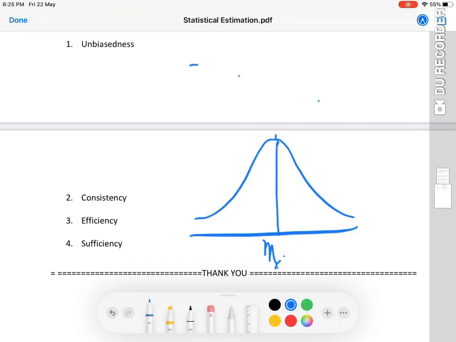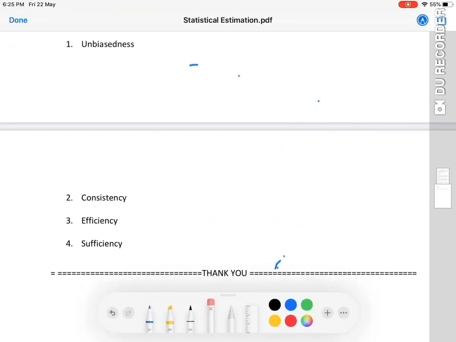Now the last point is sufficiency. A good estimator is said to be sufficient if it conveys as much information as possible about the parameter. For example, if I want to find the average income of 10 employees, and I have the monthly incomes of the 10 employees, I will just calculate it using the basic formula: sum of observations divided by the number of observations.